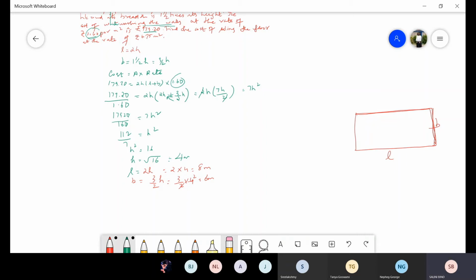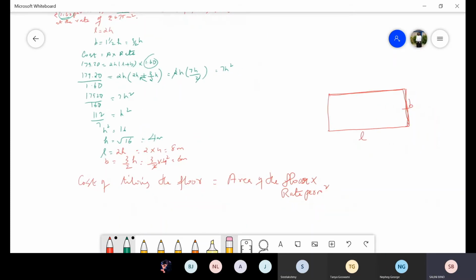So how will you find out the cost of tiling the floor? Area of the floor into rate per meter square.